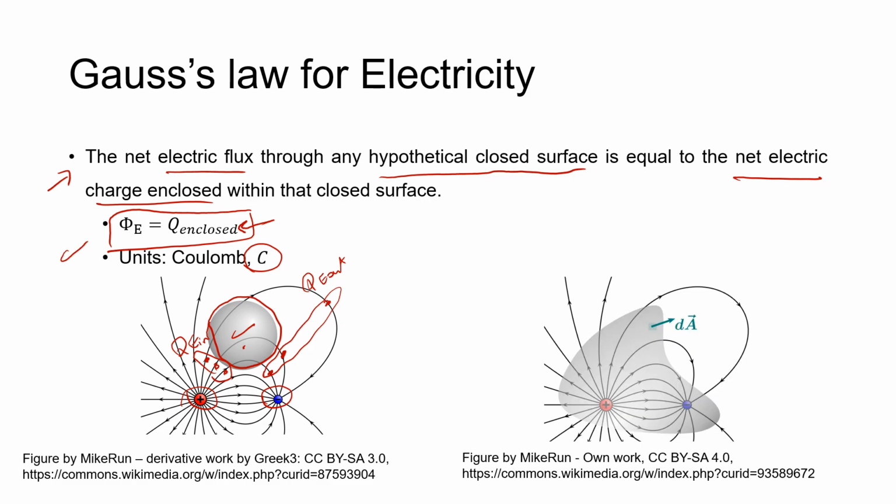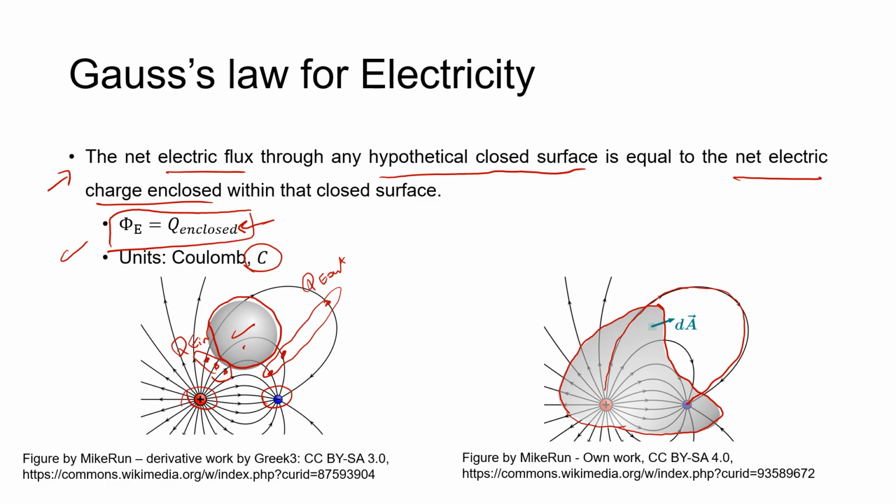But if we have another system here, we have almost nothing going inside this surface, except, for example, this line is coming out from the positive charge and it goes in again to the negative charge. So this will cancel.